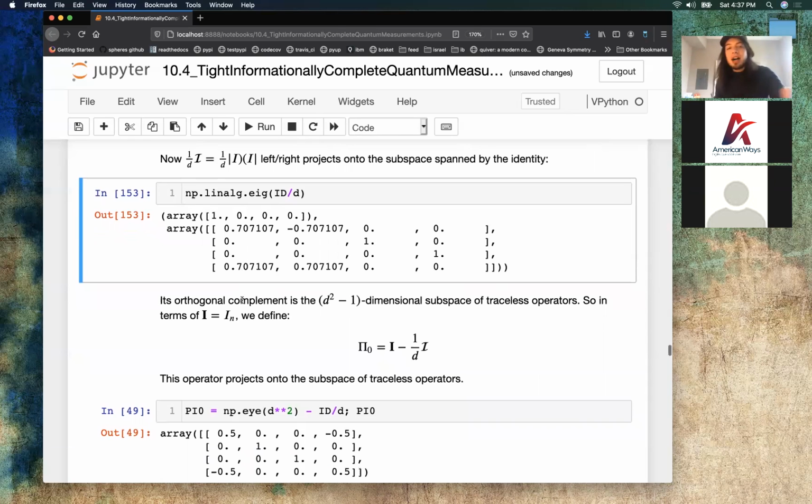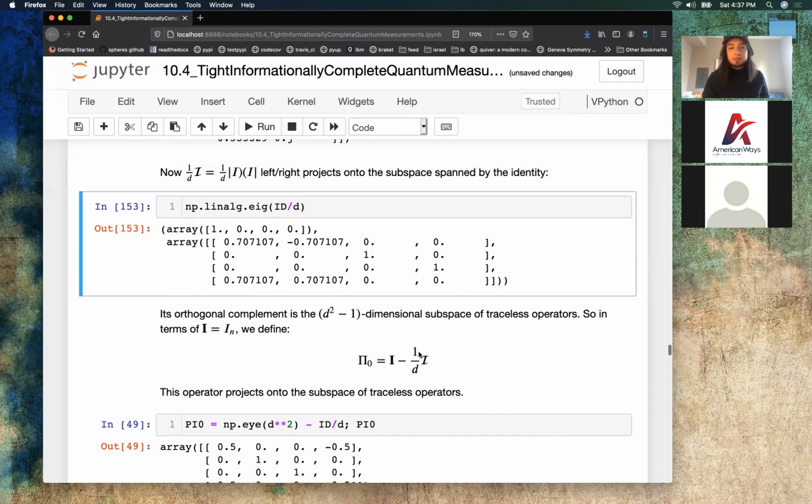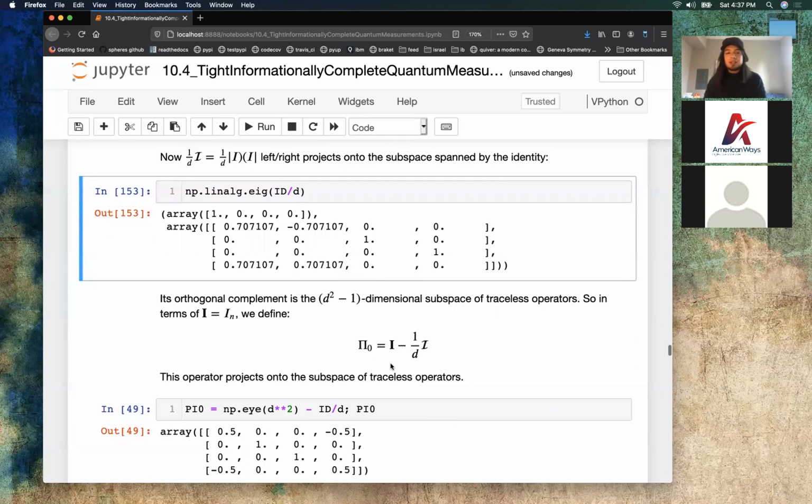Therefore, if we took the orthogonal complement of this, in other words, the 4x4 identity minus that, you would get a projector onto the subspace of traceless operators, because these other guys are all traceless. This one is 0, 1, 0, 0, with zeros along the diagonal. This is 0, 0, 1, 0, zeros along the diagonal. And this is -1, 0, 0, 1, so -1 and 1 add up to 0.